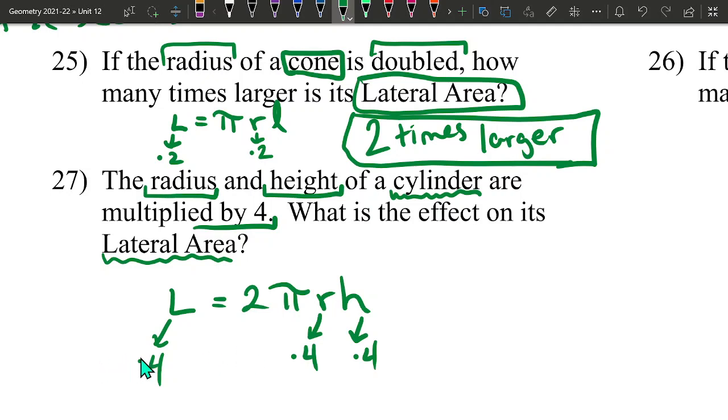I have to say times 4 times 4, right? 4 times 4 is 16, so I could write it like this, or I could just say times 16. So however you change it on one side, you have to change it on the other side as well. So what is the effect on the lateral area? It's 16 times bigger.